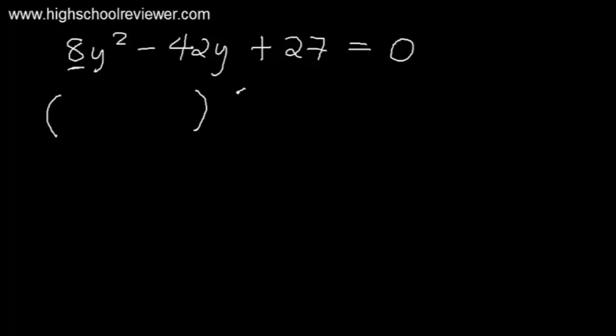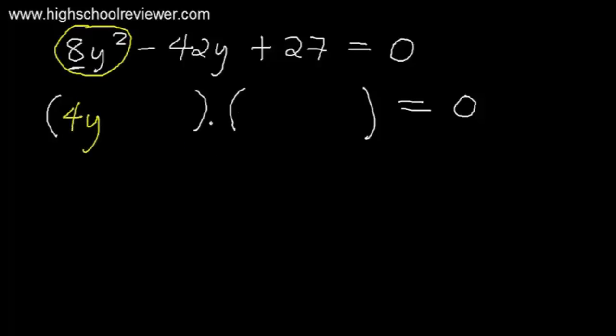So we will have 2 sets equal to 0. We are going to factor out first 8y squared. Its factors will be 4y multiplied by 2y.